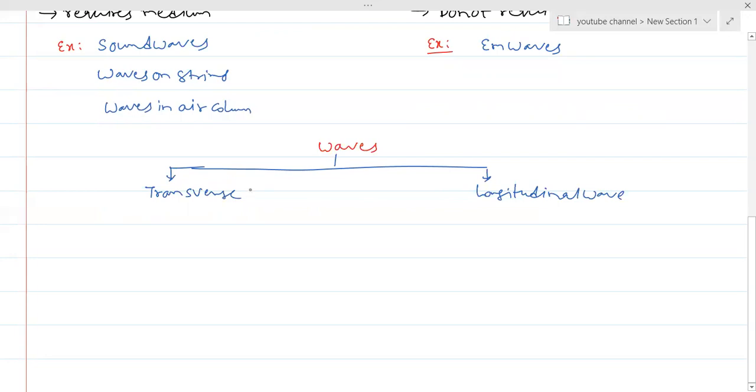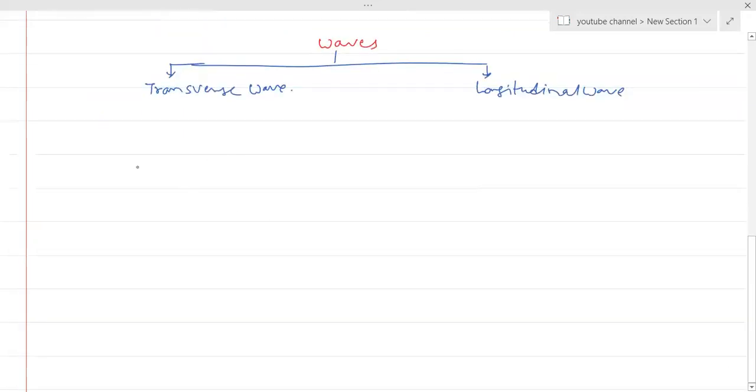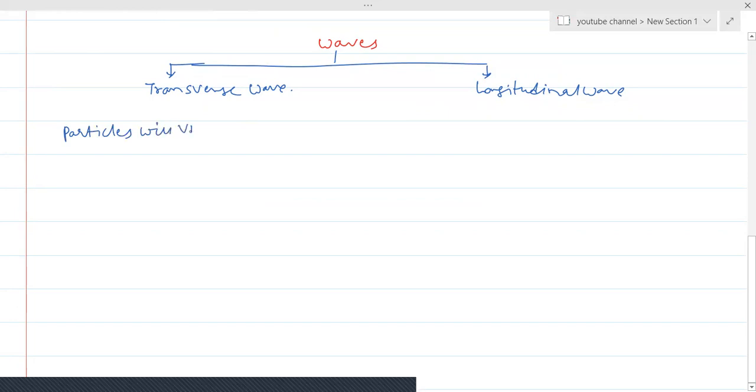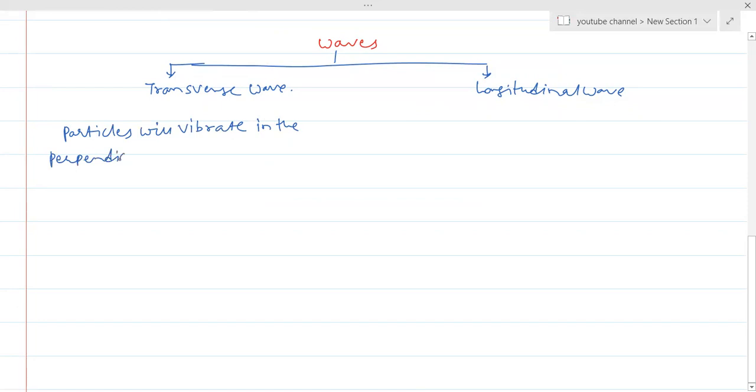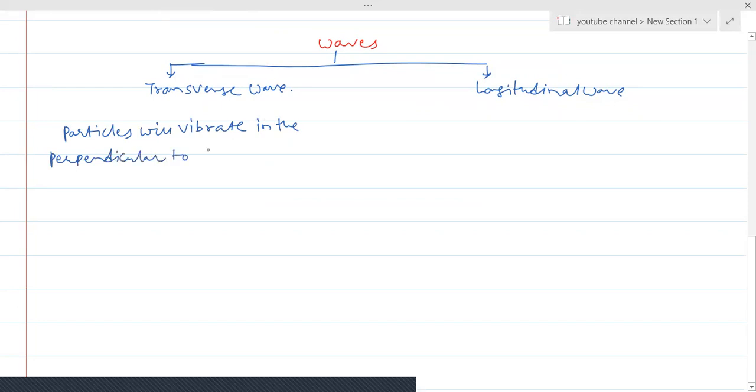In the case of a transverse wave, the particles will vibrate in the direction perpendicular to the propagation of the wave.